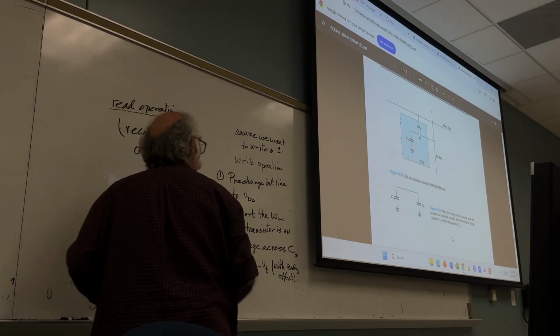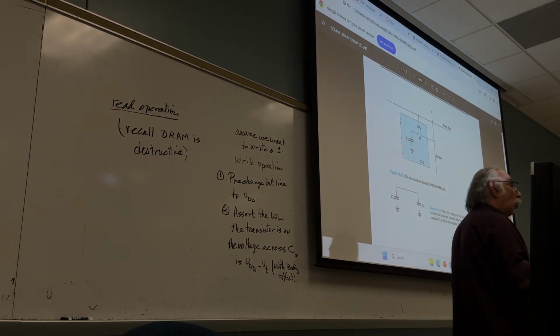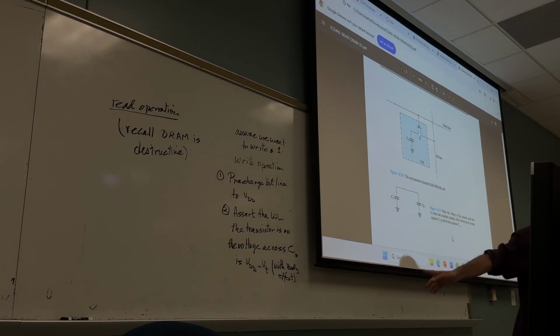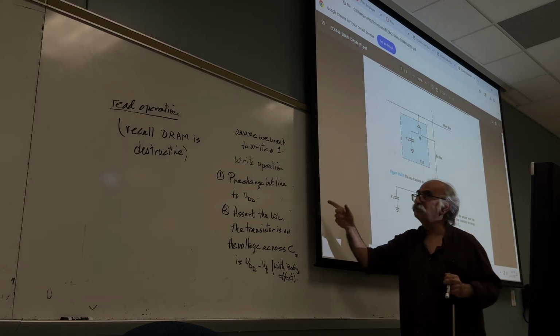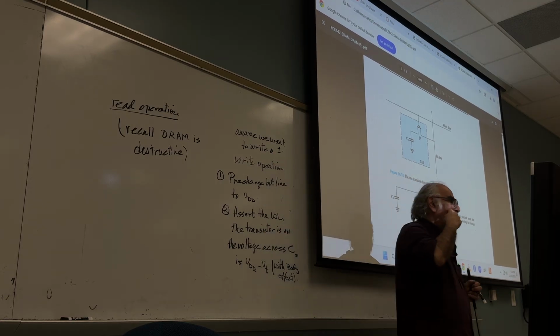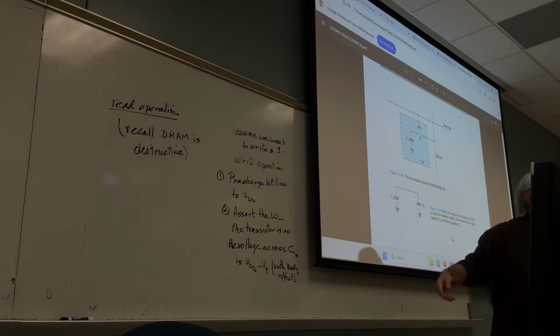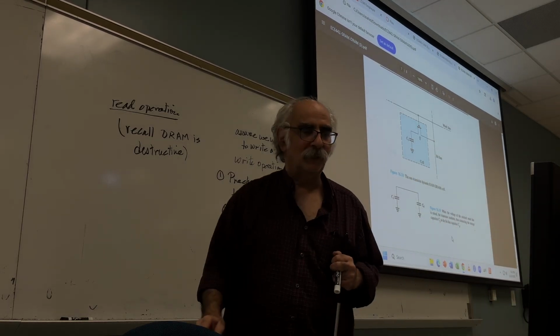Which means while it is reading, it is destroying the content of the memory. How did we find a solution to this? After you read it, the sense amplifier amplifies it, and you write it again. You take this bit and put it on the bit line, following the write operation. You need to do that periodically. Refresh it. Clear? Okay, good.